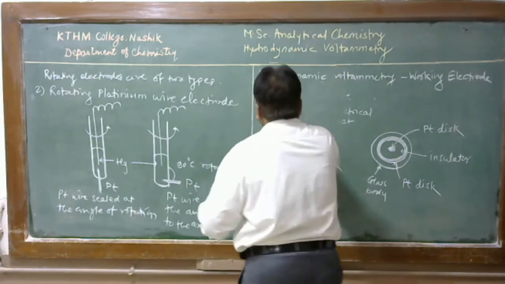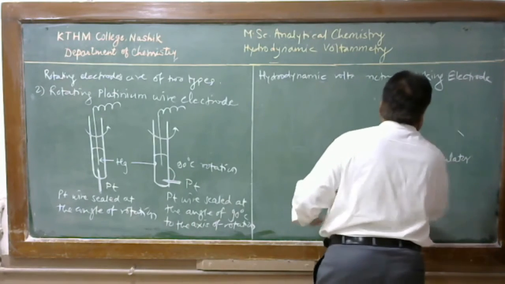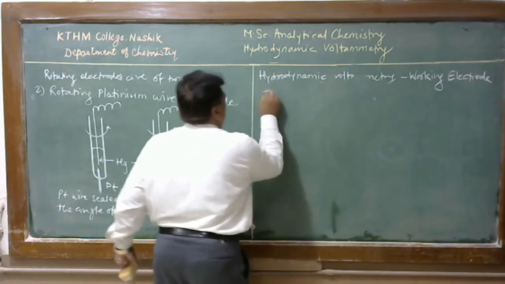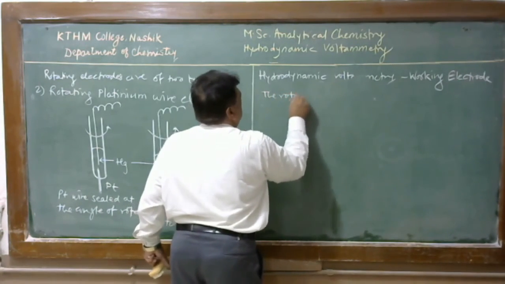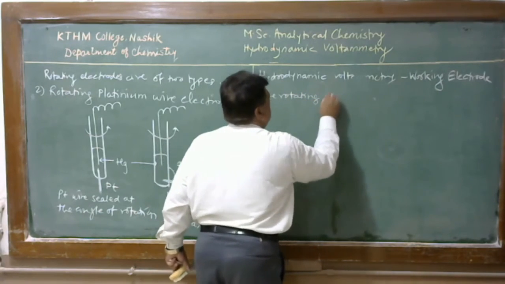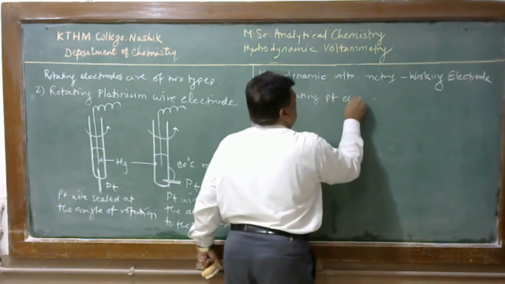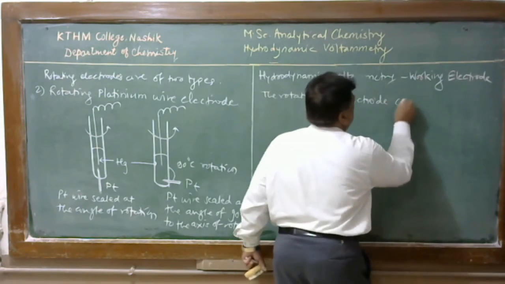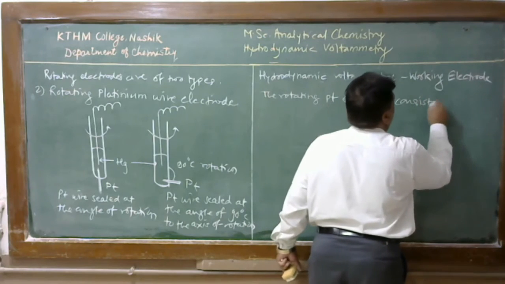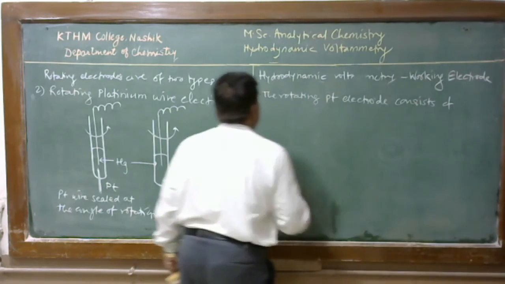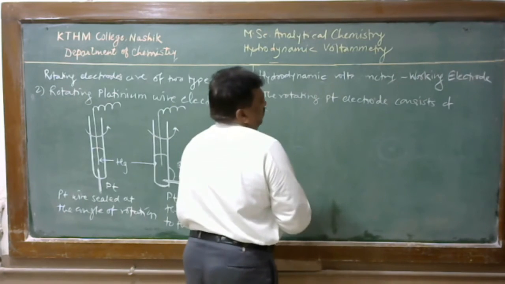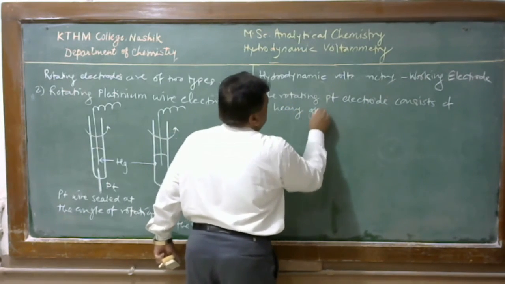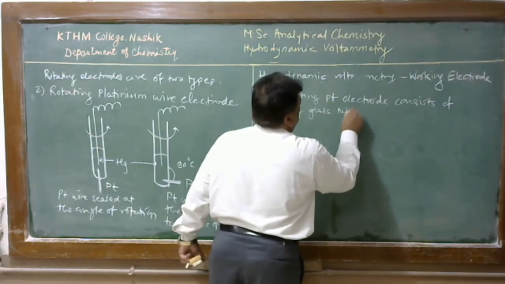Therefore, we can write the construction of this rotating platinum electrode. The rotating platinum electrode consists of a heavy glass tube.